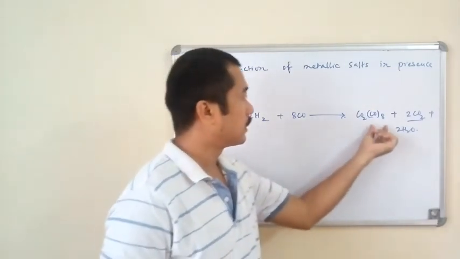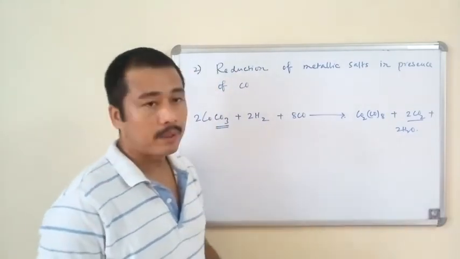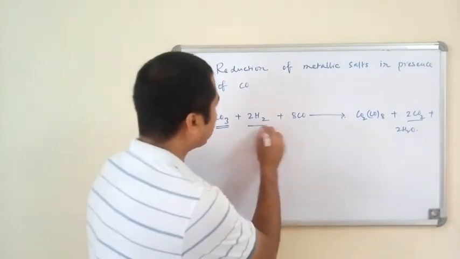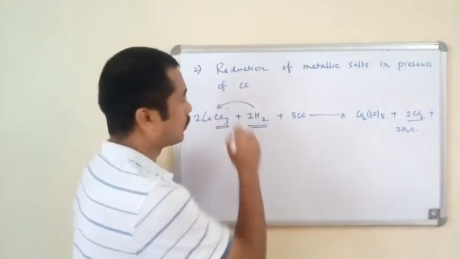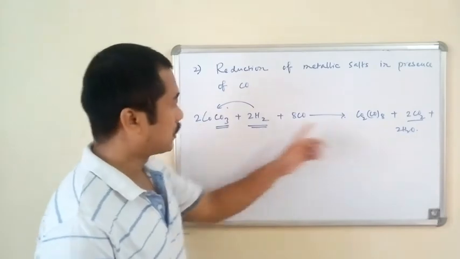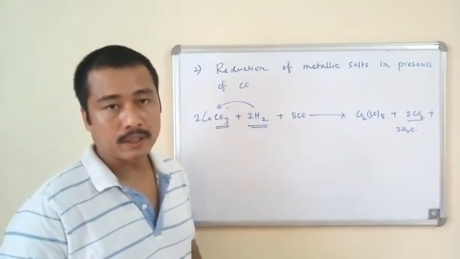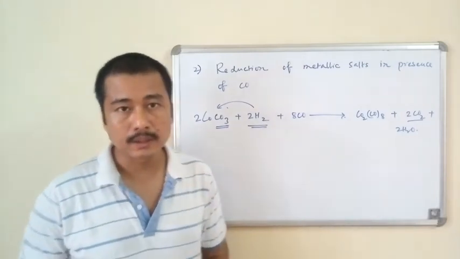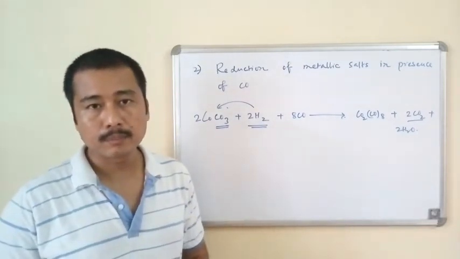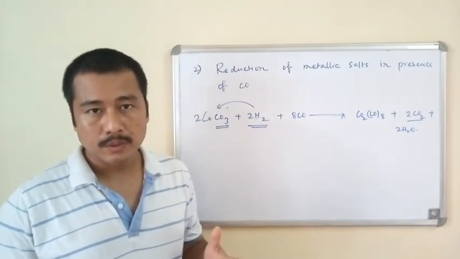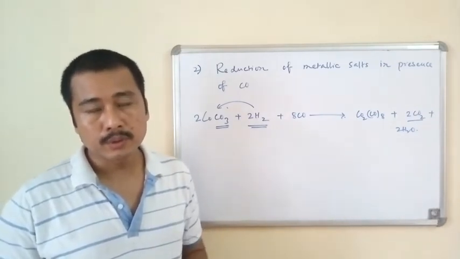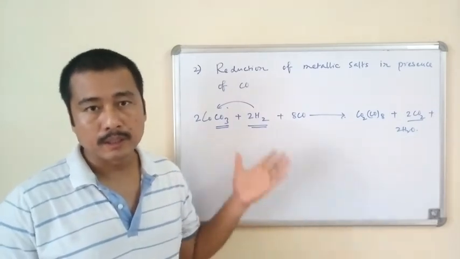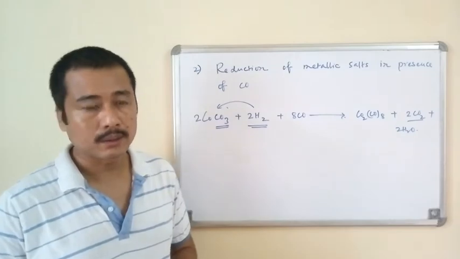Entire carbon monoxide is reacting with cobalt 0 to form Co2(CO)8, while hydrogen is the reducing agent here to reduce cobalt from plus 2 oxidation state to 0 oxidation state. So this is how we can use hydrogen as the reducing agent. We have now seen several examples where metallic salts are reduced in the presence of carbon monoxide to form the desired metal carbonyl complexes.